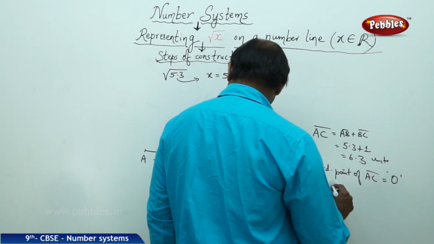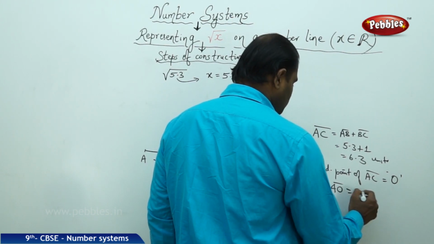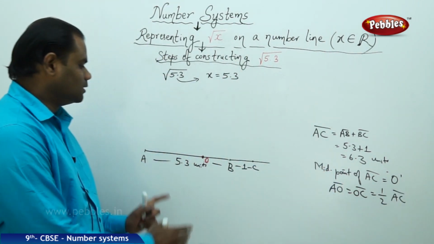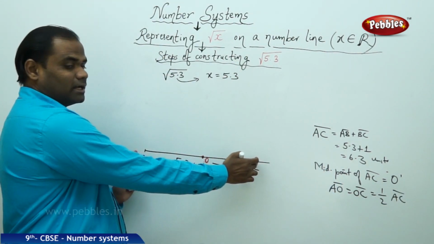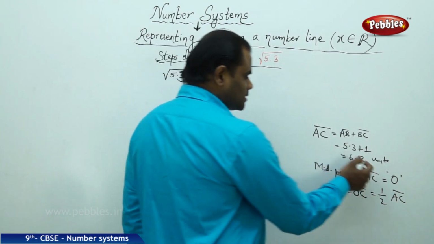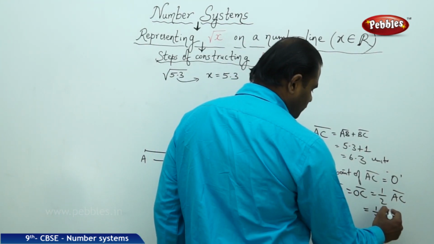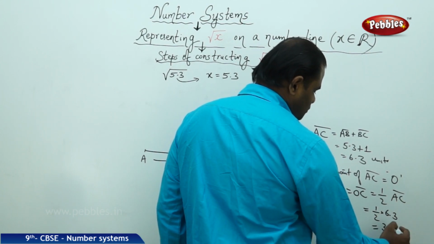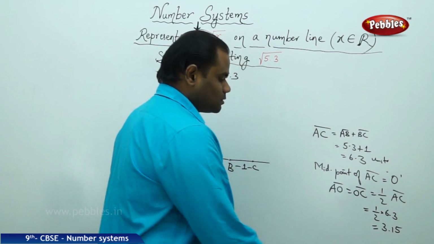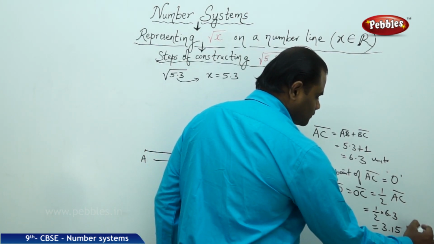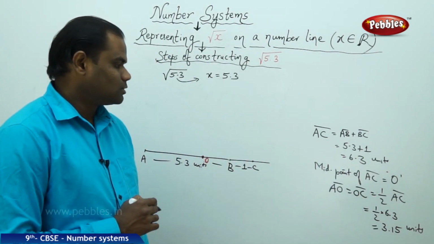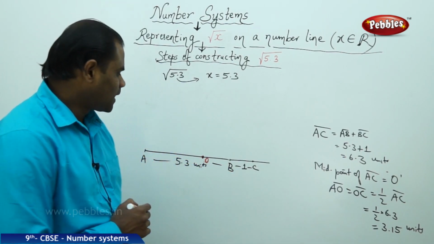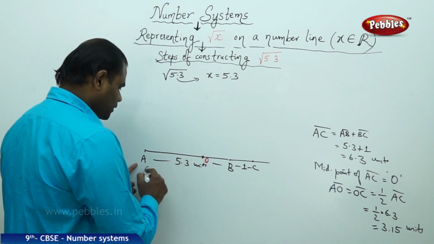AO equals OC, which is half of AC, because this is half of the entire length. AC being 6.3, half of 6.3 is 3.15 units. So my AO is 3.15 units.